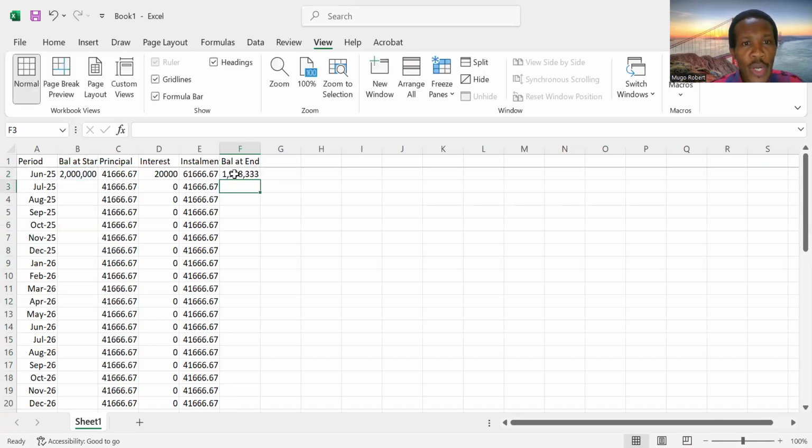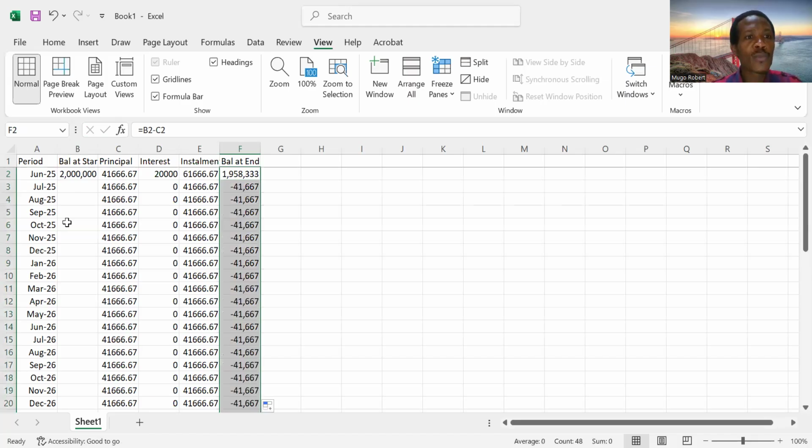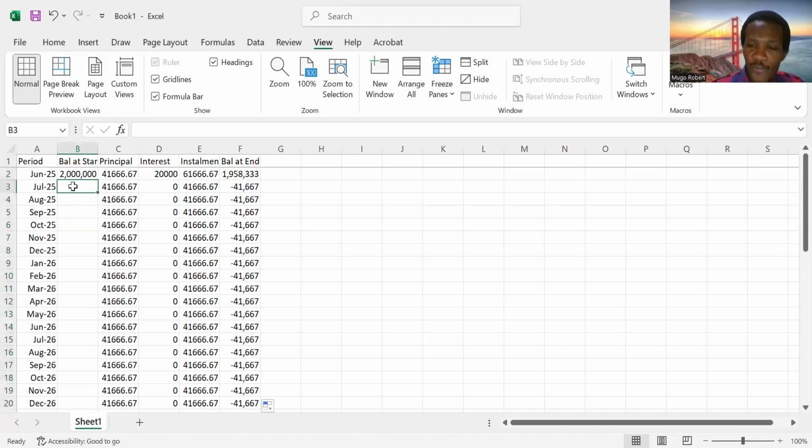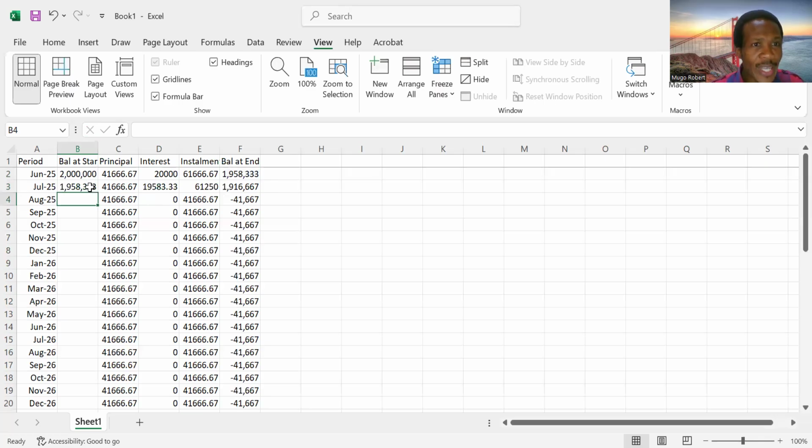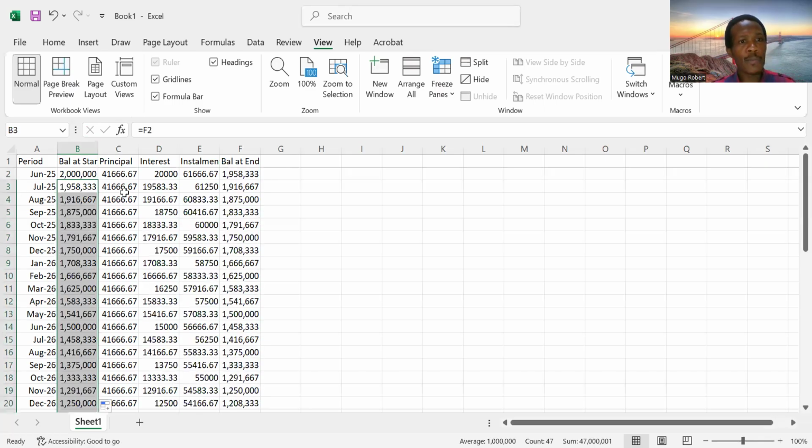I can also double click this to fill the entire column. Then the balance in June 2025 was the balance at the end of, the balance in July 2025 was the balance at the end of June 2025. So I can say equals F2, and then I put enter. Then I can double click this to fill the entire column.